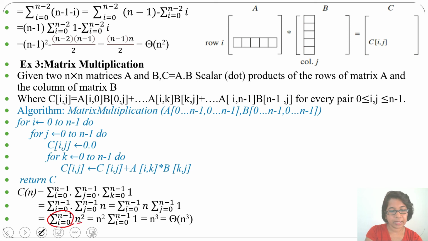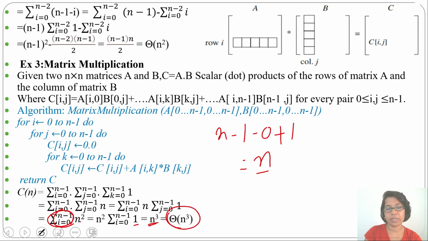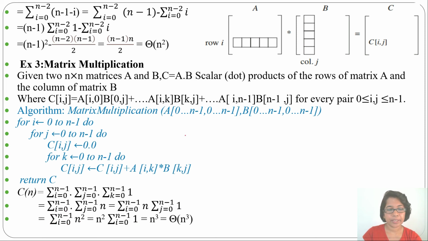So we can take this n square as a constant to the left side, and for this the value will also be n. We know sum of i equals 0 to n minus 1 of 1 will be n minus 1 minus 0 plus 1. It will be n. Previously n square is given, n square multiplication n will give n cube. So running time will be theta of n cube, or we can write O of n cube. So for matrix multiplication, running time will be theta of n cube.